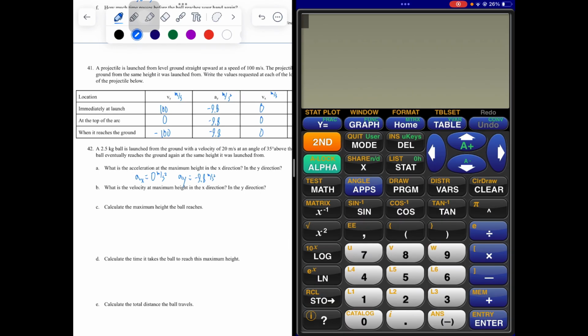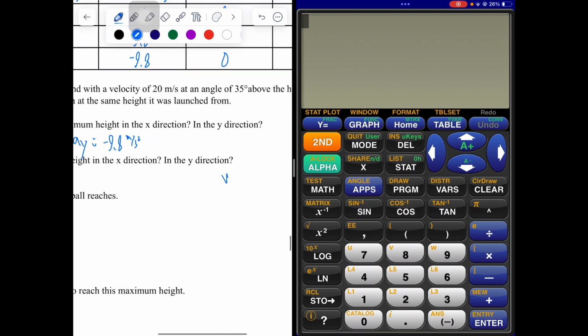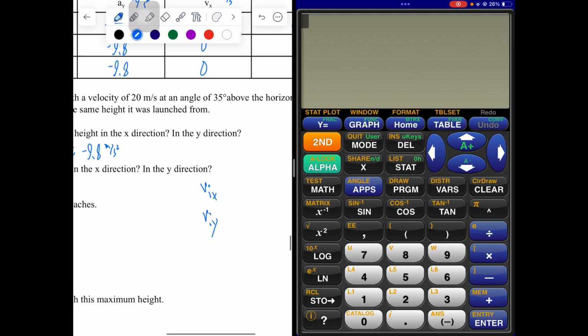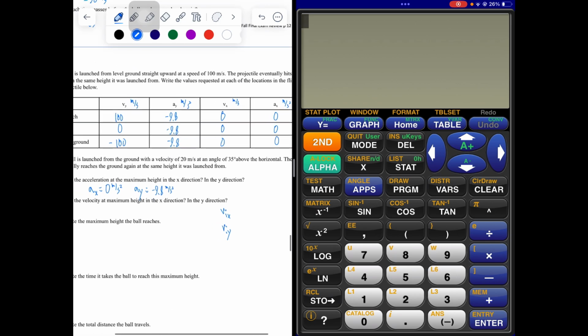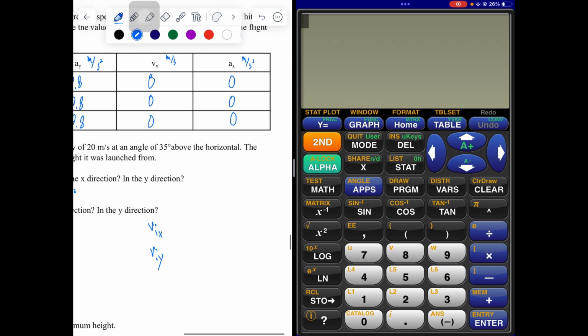What is the velocity at maximum height in the x direction? In the x direction, we'll have to find it. Let's find our initial velocity in the x and initial velocity in the y. Again, just as a reminder, in the y, that is your initial velocity times the sine of theta.